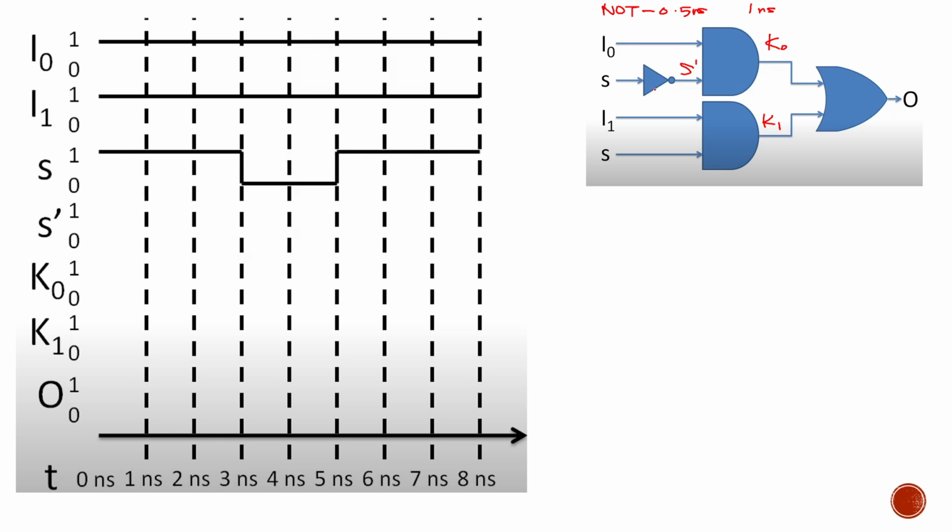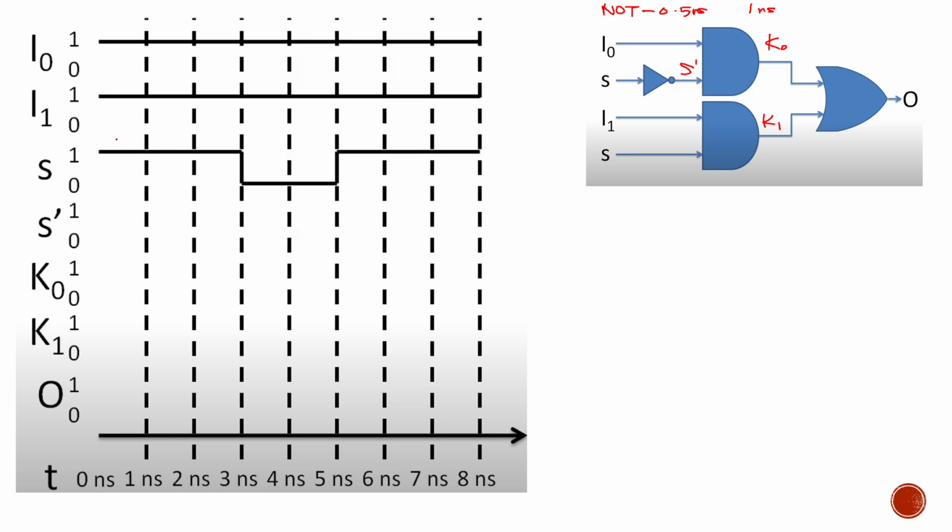Let's start by drawing the output waveform for S bar. S goes through this NOT gate, which has a propagation delay of 0.5 nanosecond. That looks like half of one bar over here, since one bar is 1 nanosecond, so half a nanosecond takes half of this. Right, let's begin.